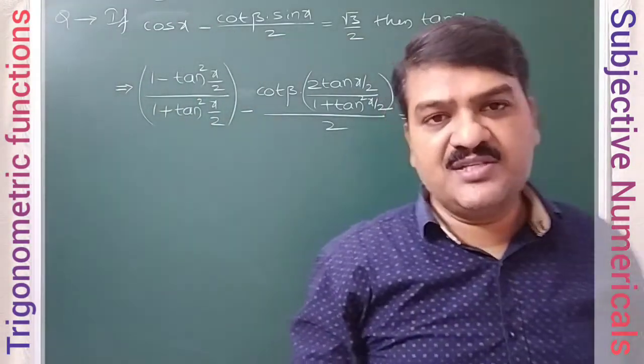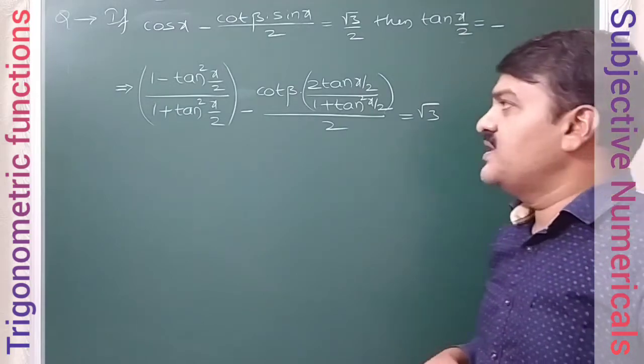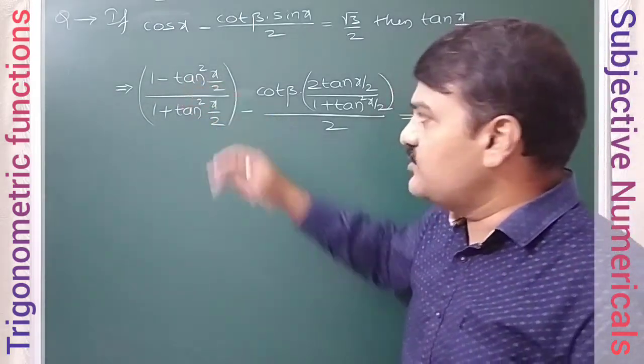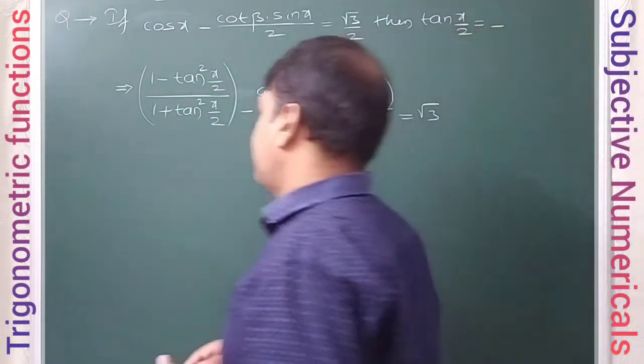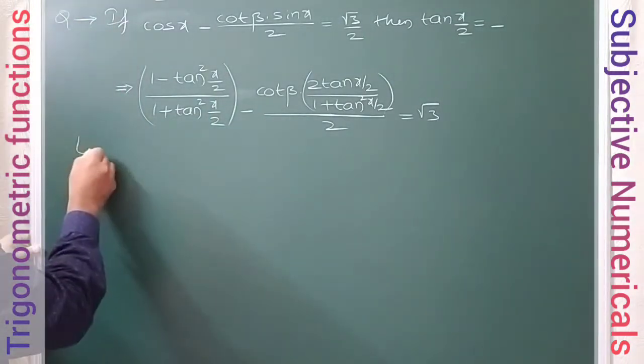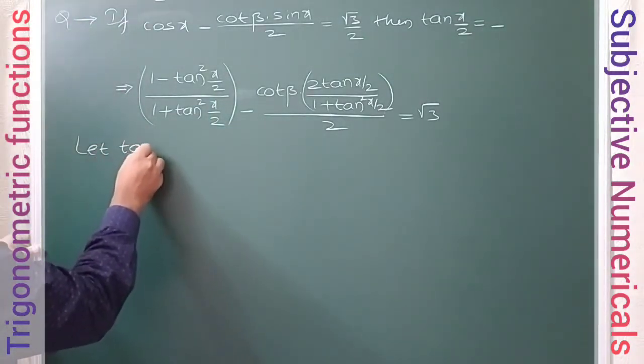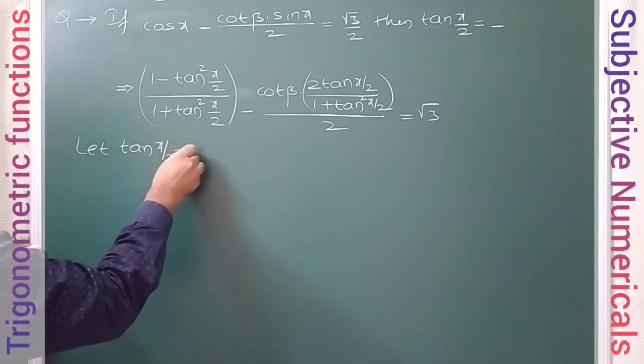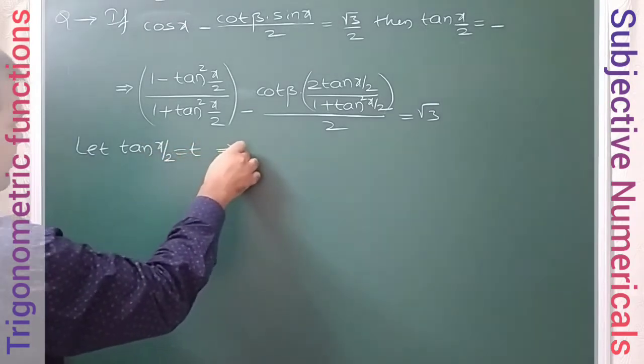Now for the simplification process to look easy, I will take this tan x by 2 as t. This is just for ease of simplification.